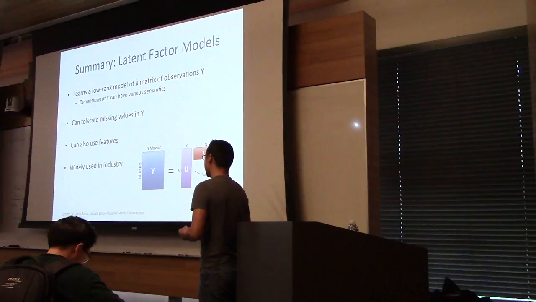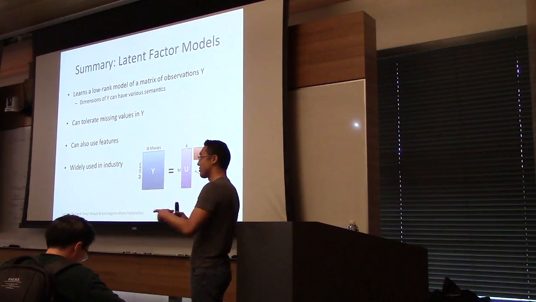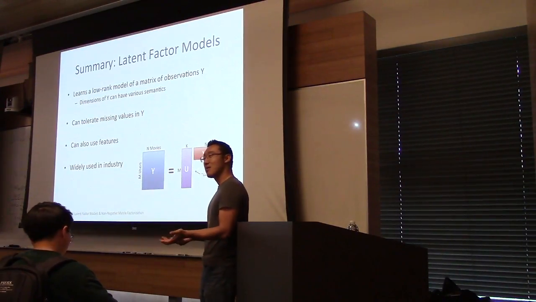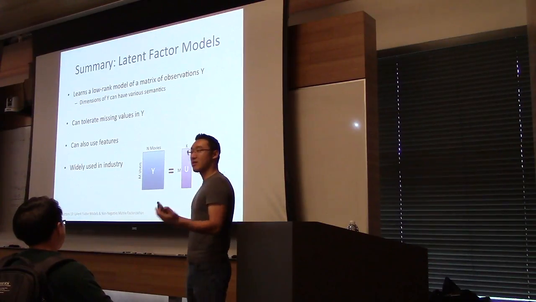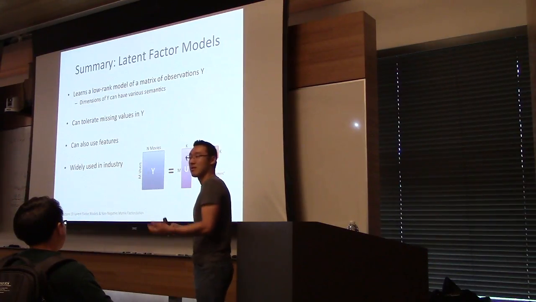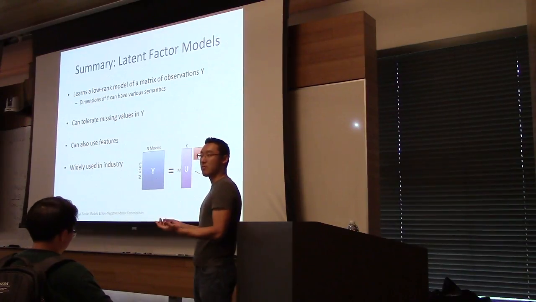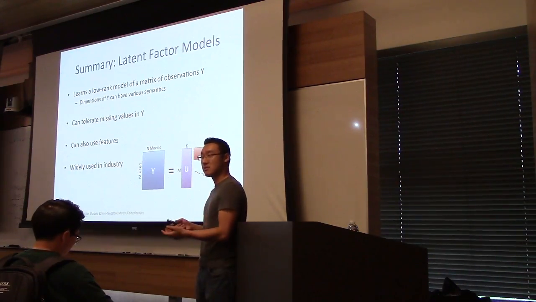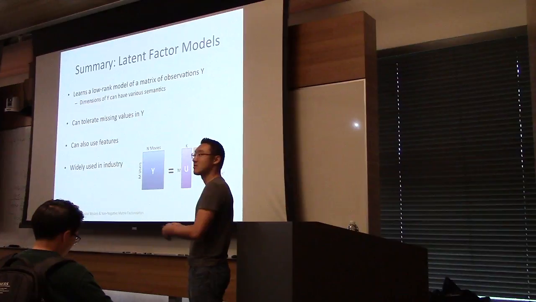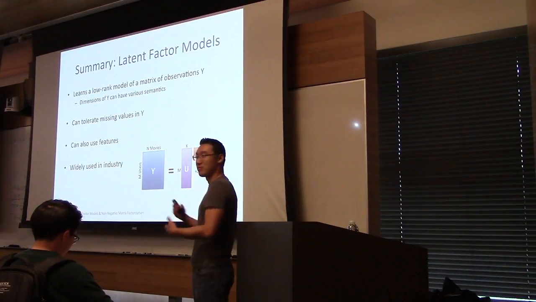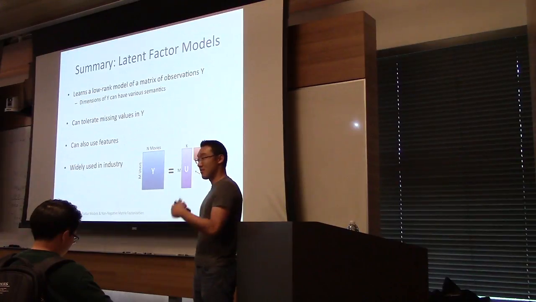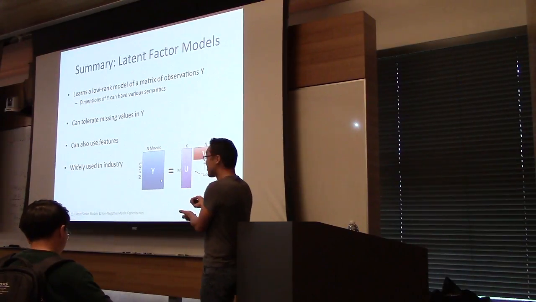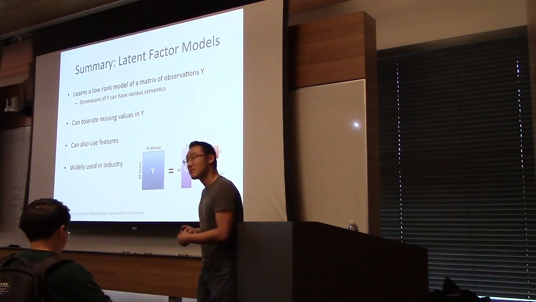I think it's something like if the true matrix was rank k, you need at least order k log k entries observed in order to recover anything resembling the true factorization. And so you can fill in missing values. Different people have been trying to prove sharper bounds on this. In practice, people often give up on trying to recover the true matrix Y as long as you can get accurate predictions.